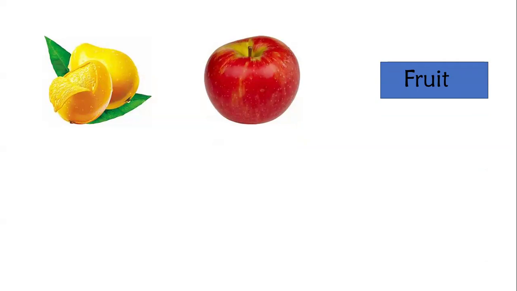Fruit is a class because fruit is a collection of apple and mango. Or you can say a collection of objects is nothing but a class. So fruit doesn't exist. We can't see a fruit, but we can see an apple and a mango. That's the reason fruit is a class and apple and mango are objects.